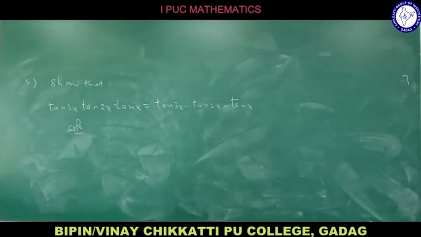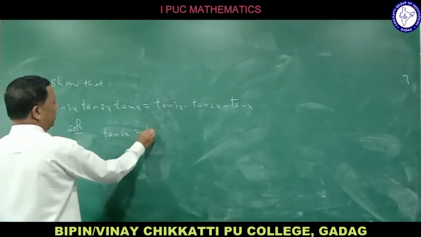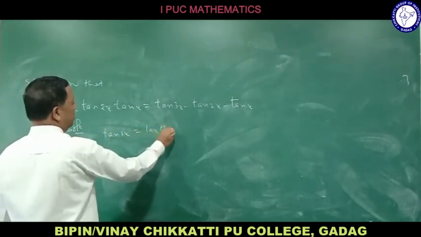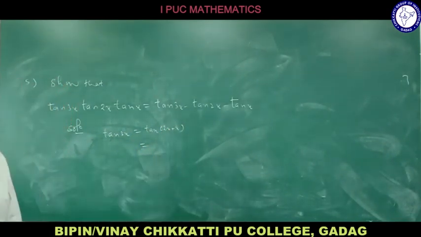Now I want to write tan 3x is equal to tan of 2x plus x, and here you can understand how the result can be proved.